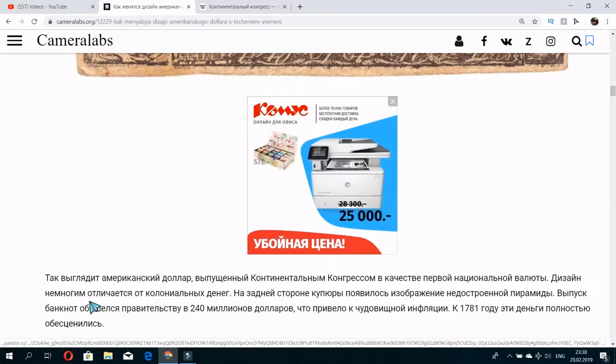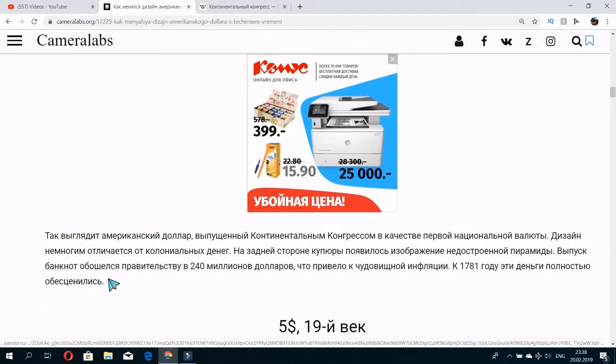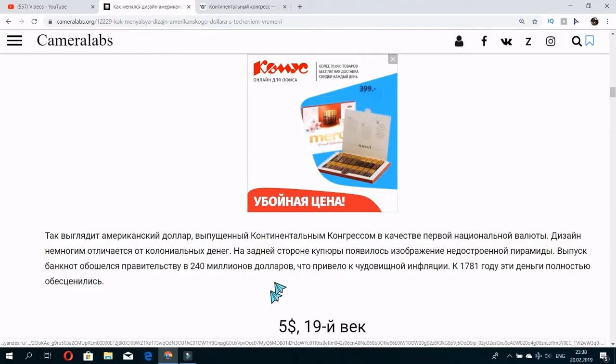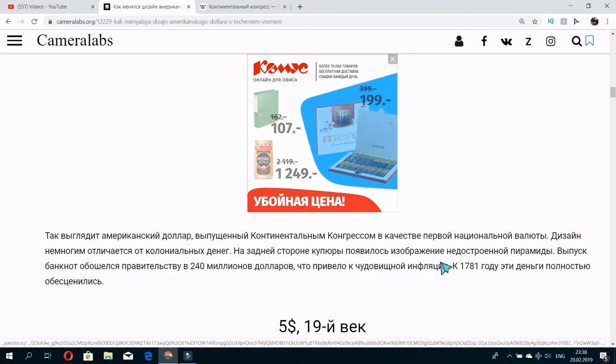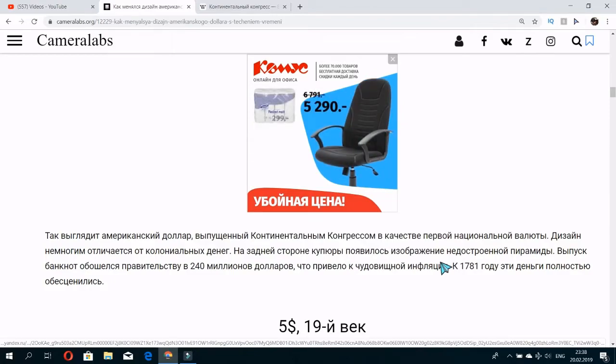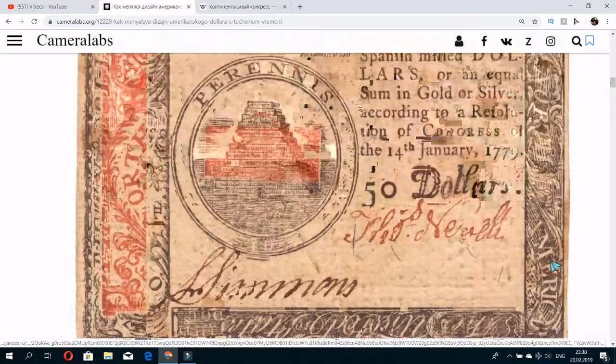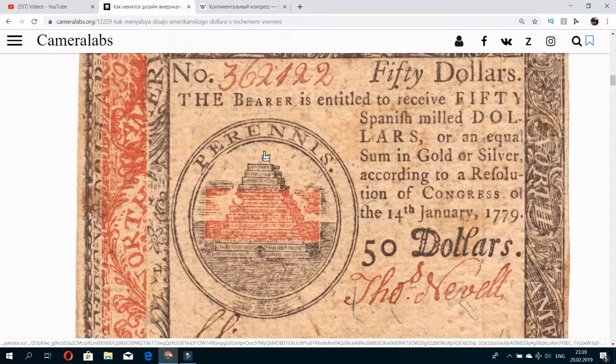The design was a little bit different from the colonial money. They had colonial money before, and on the back side of this paper there was the image of a not constructed pyramid, so a not finished pyramid, right?